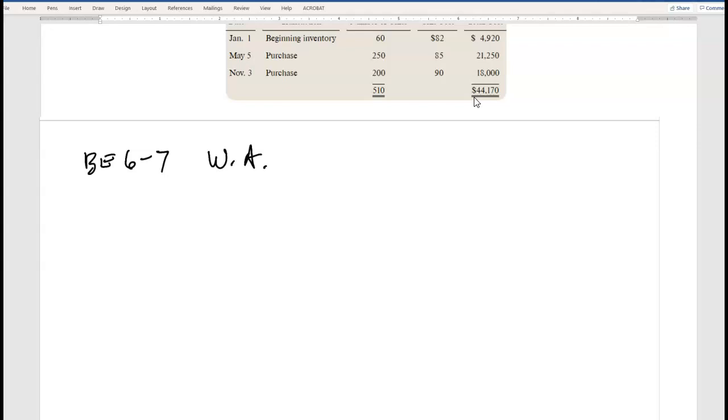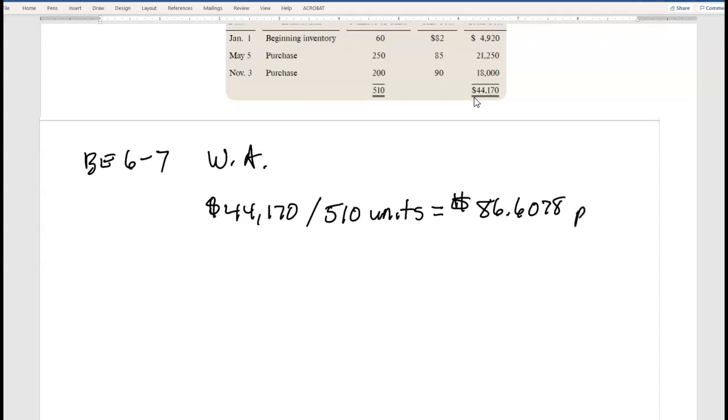So that would be $44,170 divided by 510 units. You want to watch your rounding here and round the way it says in your problem in Connect. That's 86.6078 per unit.